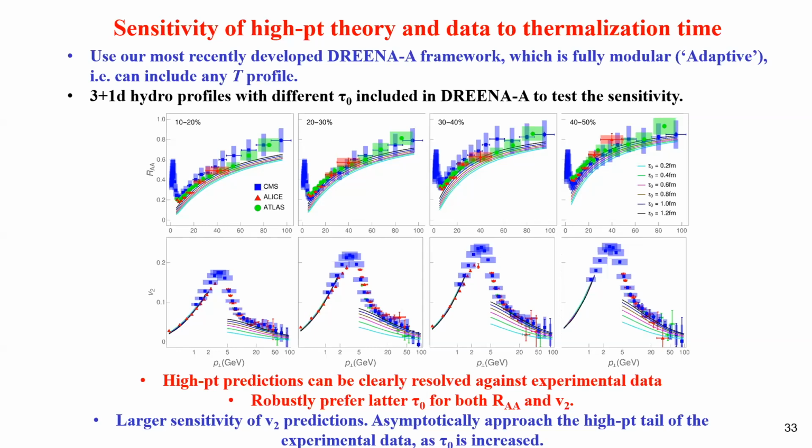So minus divided by plus. It is the difference in RAA in two different directions, and that is simply the difference in the energy loss in two directions. So v2 is a consequence of the energy loss for high pT.